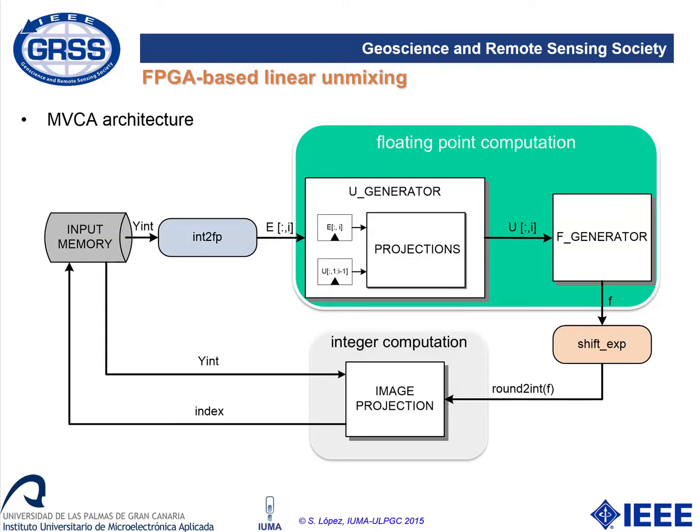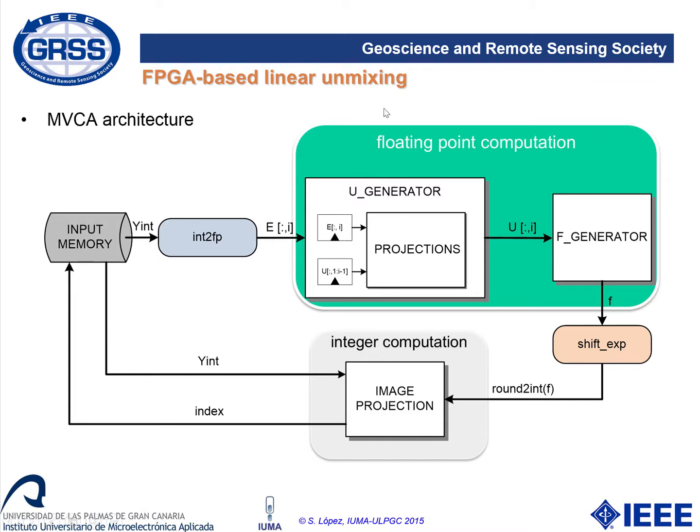So these are some very general details about our architecture, in which, as you can see here, we have a memory for the image, and we have here a block in charge of the image projection, which receives the f vector and multiplies it with the image stored in this memory, and as a result we get the index of the pixel that gives us the maximum projection in each iteration.